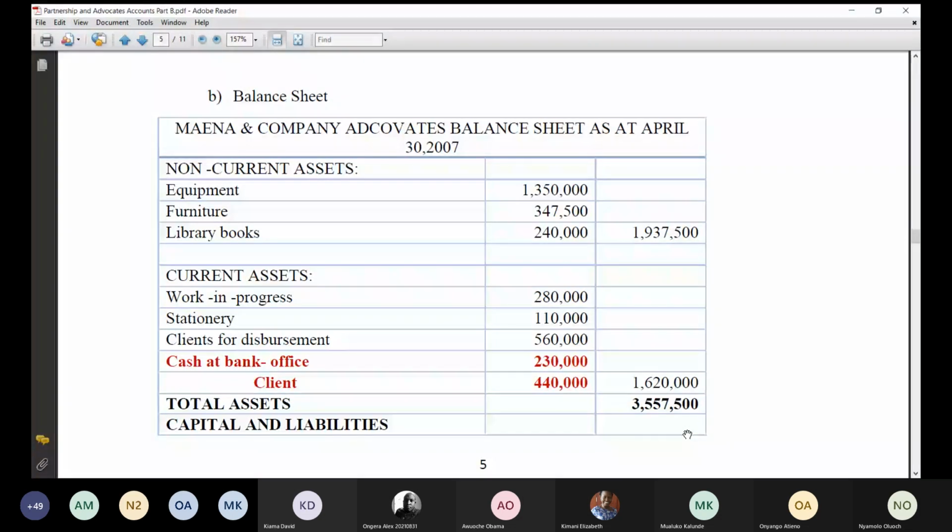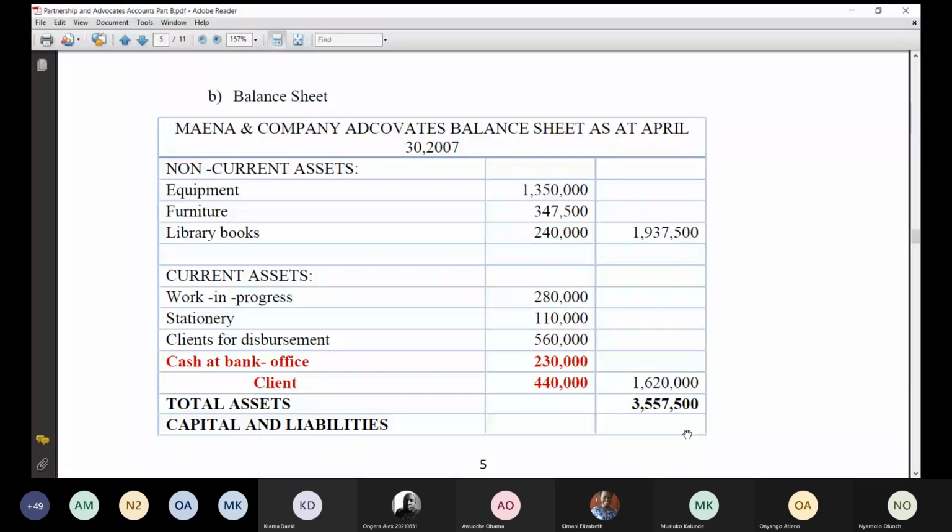And the result is you should then be able to get the correct closing balances, which represents disbursements for clients, the 560, from your cash book, your cash at bank for office, and your cash at bank for the client. So your cash at bank for the client will be an asset because the account belongs to you, and that is why you are seeing it as an asset.